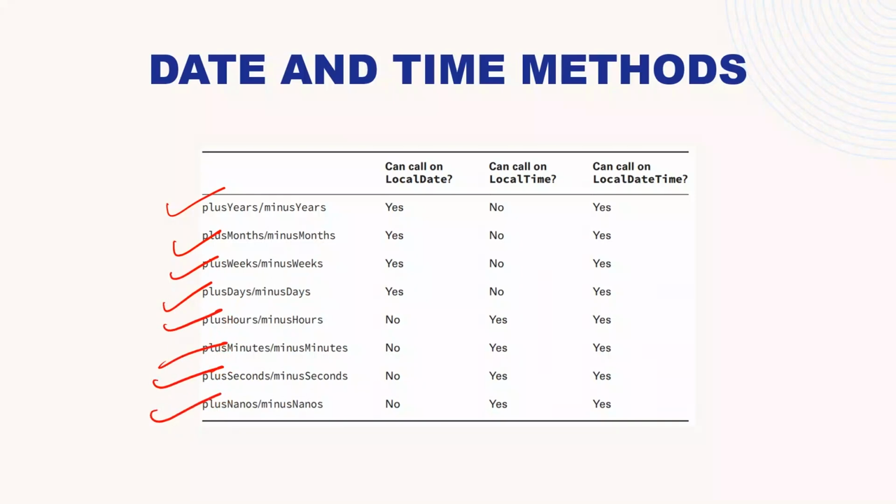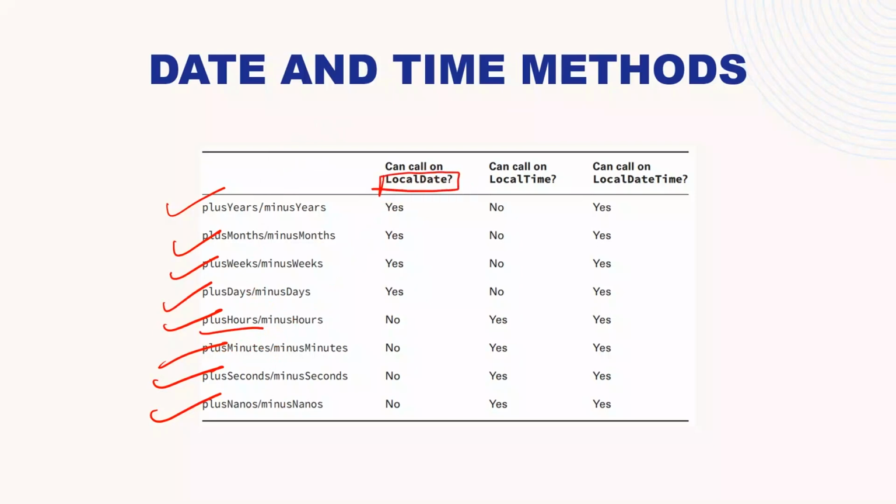And another thing to keep in mind while working with these methods is on which instance can you call these methods. You have to be sure that the instance you're calling the method on is a compatible instance. It means that if you call plusHours on a LocalDate object, does it make any sense?